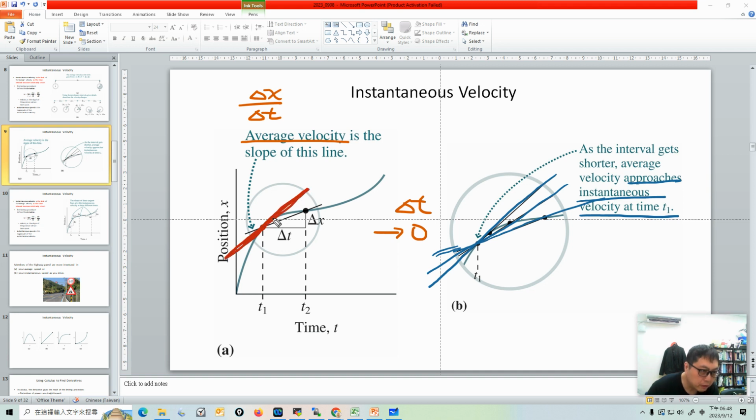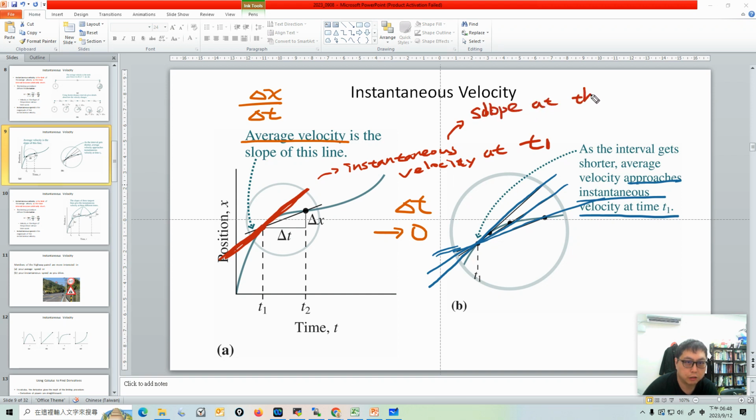This is the instantaneous velocity at t1. It is the slope at the t1 point.